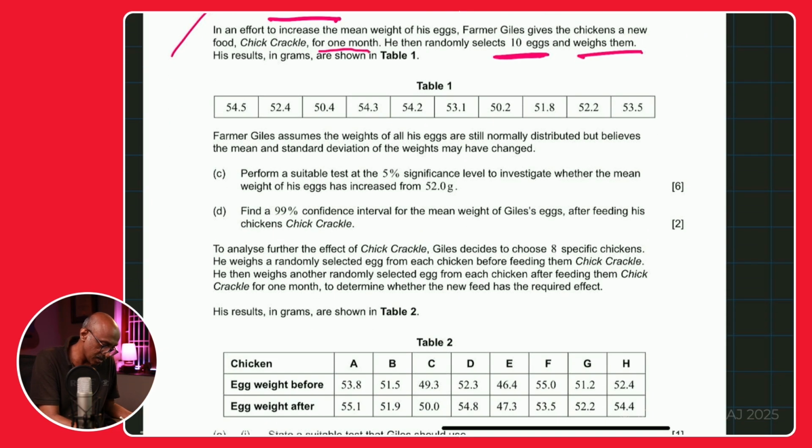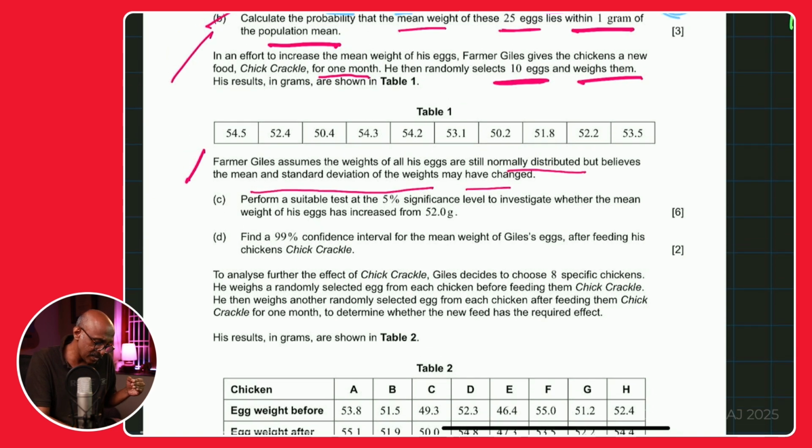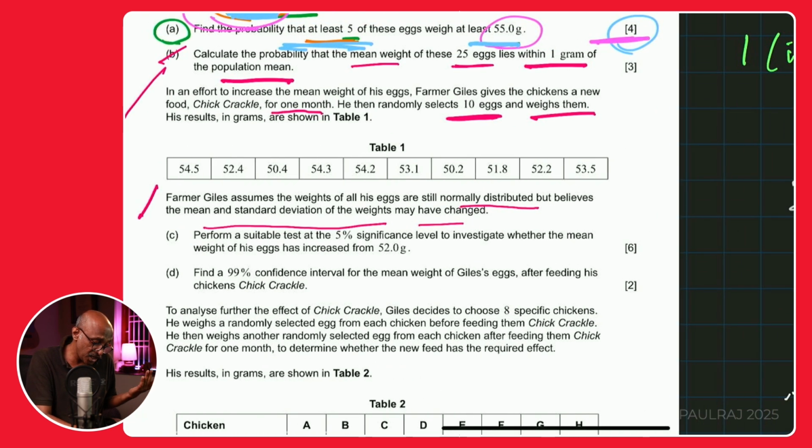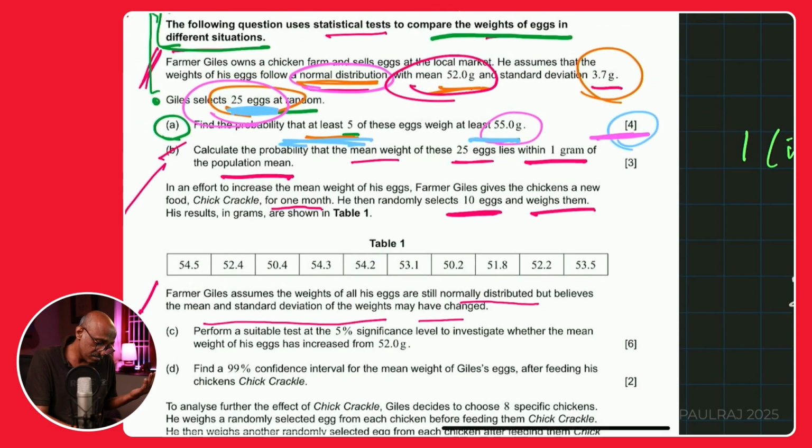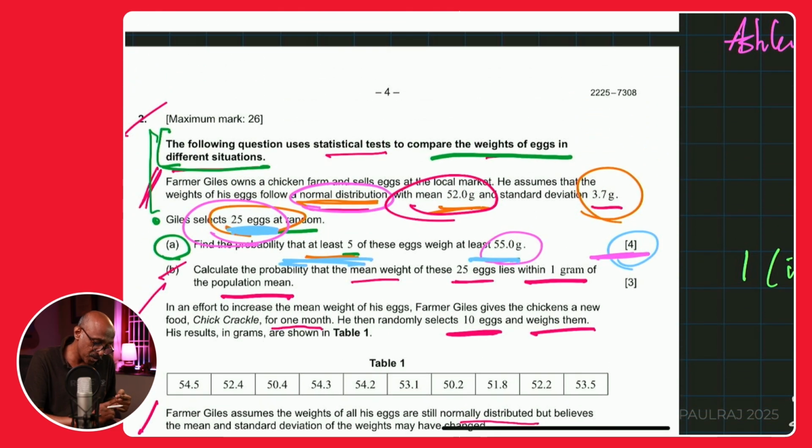What's the question asked? Farmer Giles assumes the weights of all his eggs are still normally distributed. That's important, but believes the mean and the standard deviation of the weights may have changed from whatever they initially were, 52.0 and 3.7 earlier on.